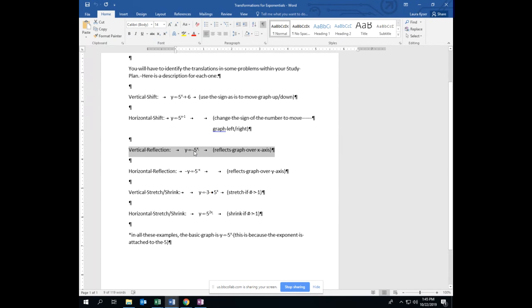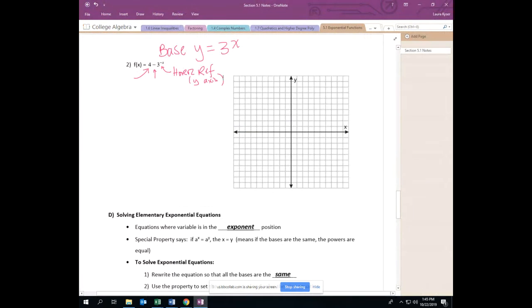Then we also have a negative in front of the base function. It's not in front of the entire thing, it's in front of the base function. So our base graph was 3 to the x power. We have a negative in front of our 3, which means that in addition to the fact that we had a horizontal reflection, we are also going to have a vertical reflection. Vertical reflections reflect over the x-axis, which means not only is this thing going to be backwards, it's going to be flipped upside down as well.